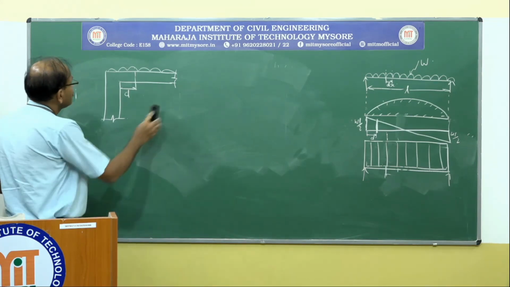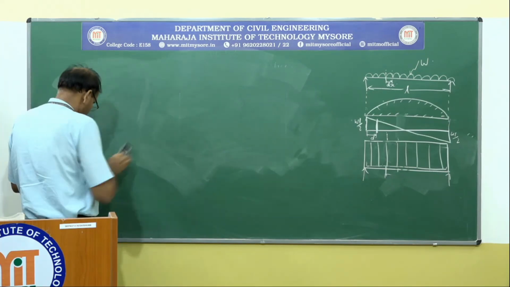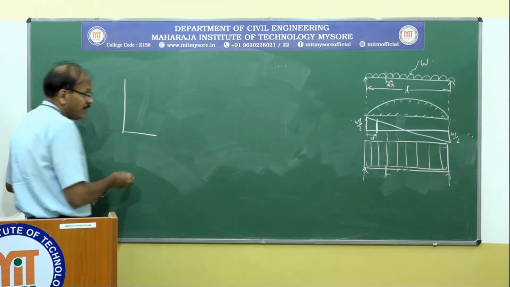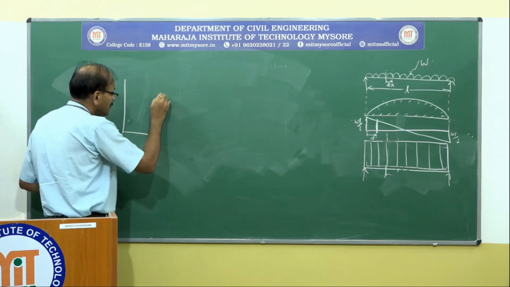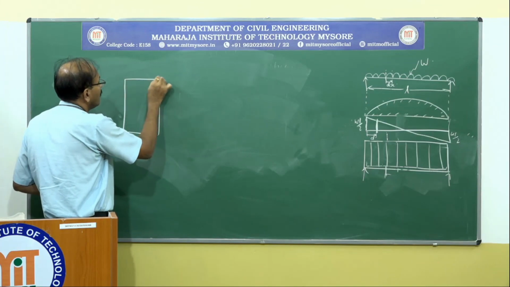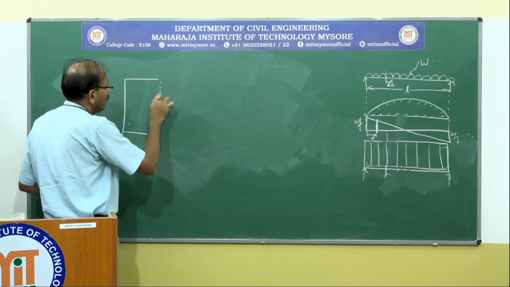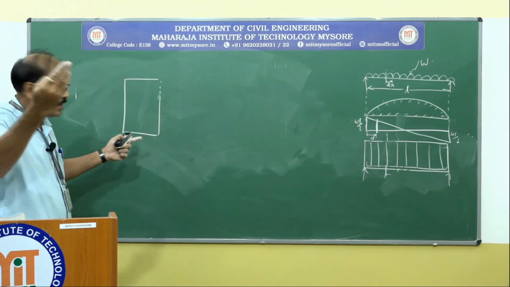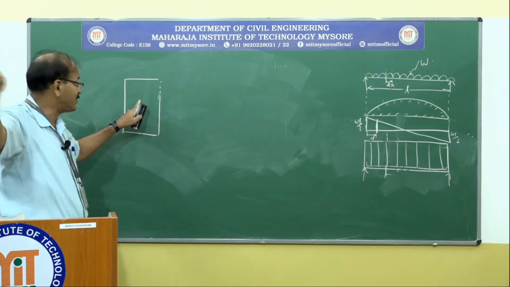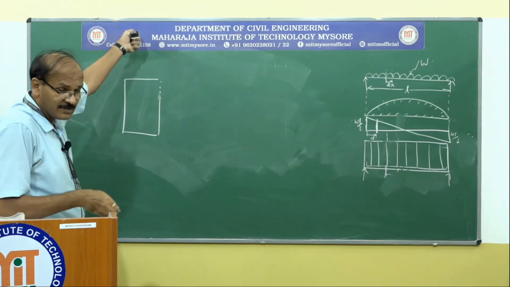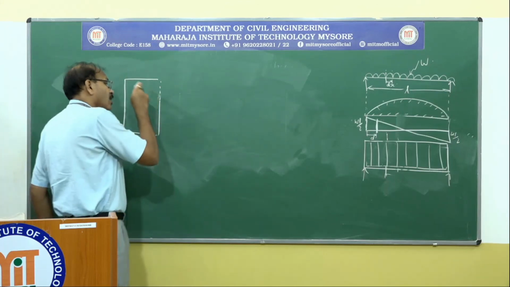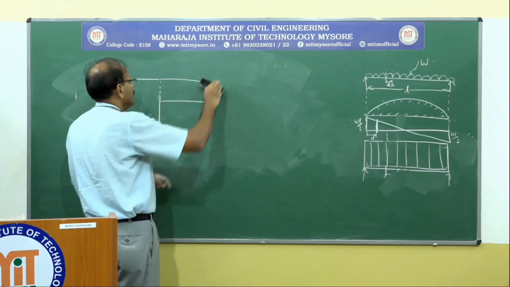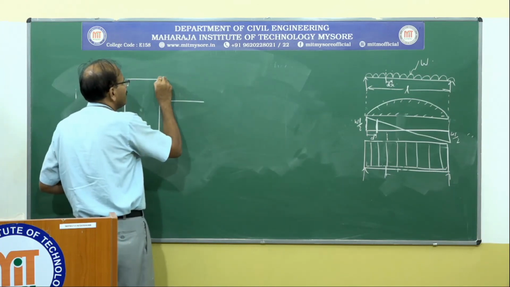Next, if we have a beam, this is a beam of rectangular cross section, and this runs perpendicular to the board, and this beam is sitting on one support on this side and on the other support on the other side, and on this beam there is another small beam sitting.